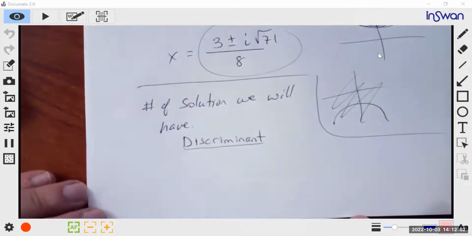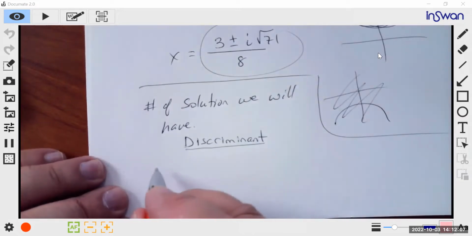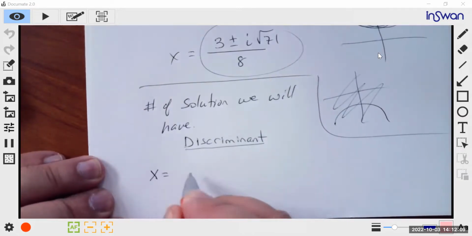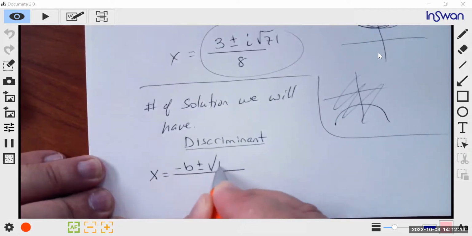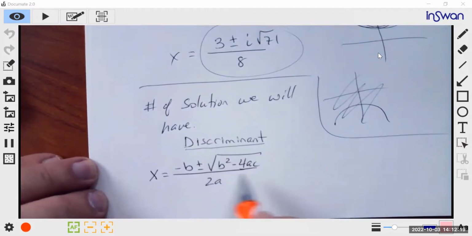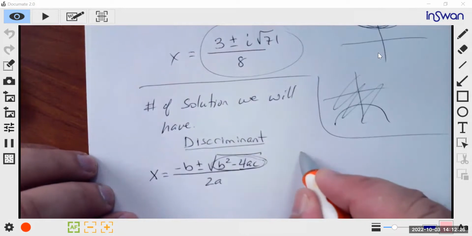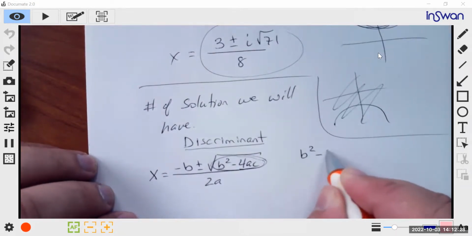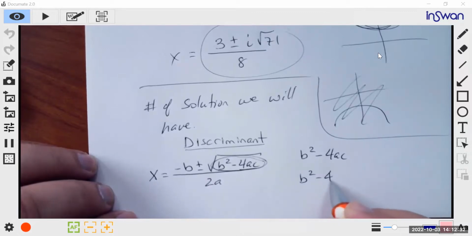The discriminant is going to tell us how many answers, how many intercepts, we're going to have. Here's your quadratic formula. The discriminant is this part right here inside the radical. Let's think about it. b squared minus 4ac could be one of three things.